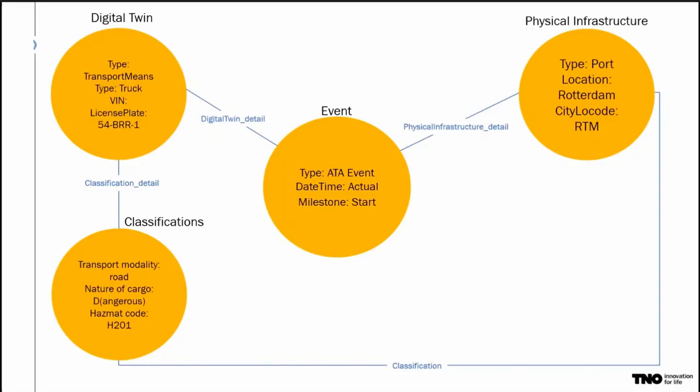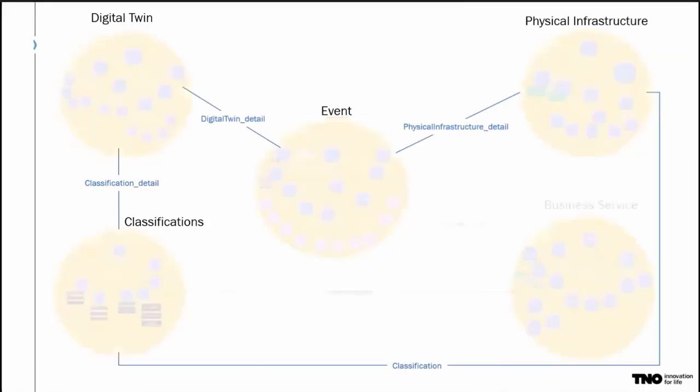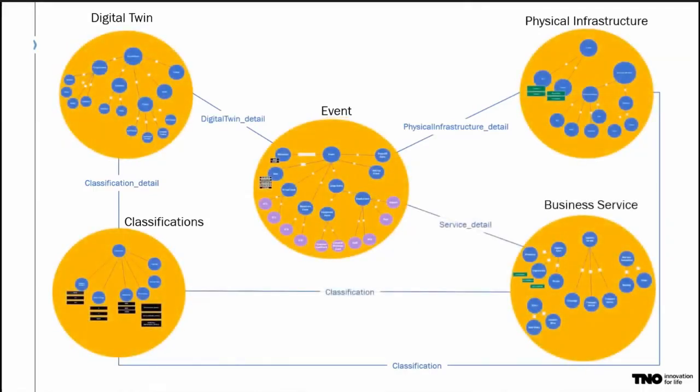For the digital twin, we modeled the various transport means and types of equipment and products and goods. And also physical infrastructure, we generalized beyond just a port to also the infrastructure for other modalities, such as inland waterways and the railways. And if we generalize all the yellow circles, we get our eventual model.